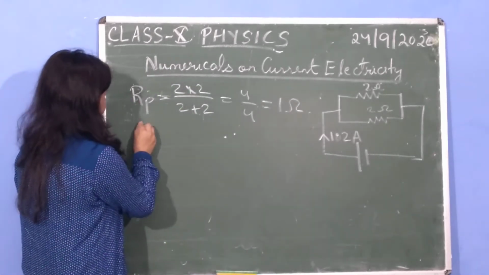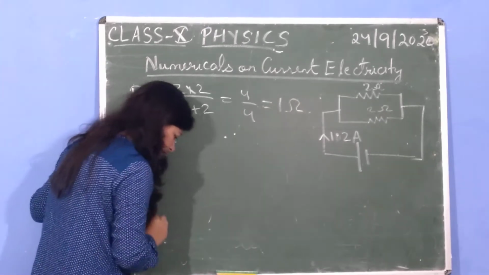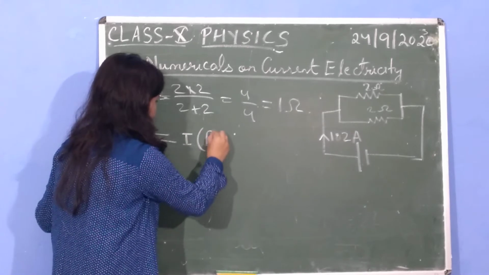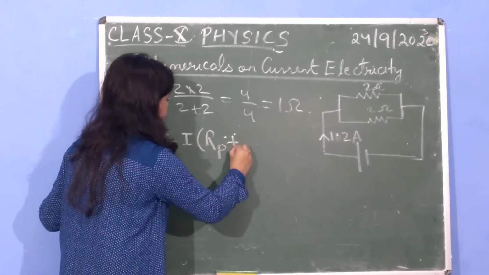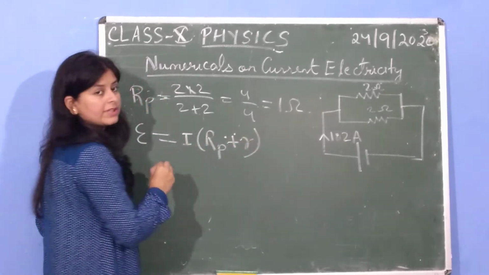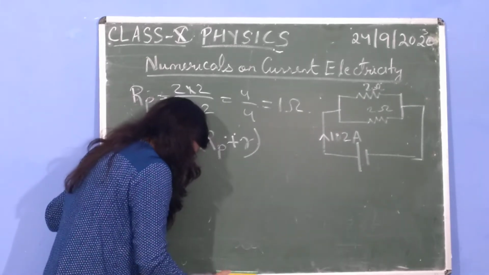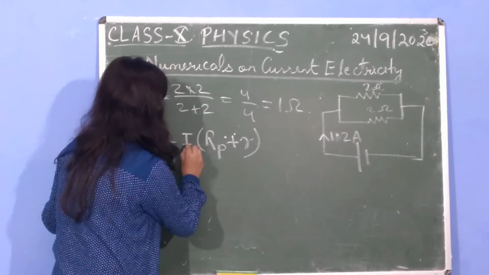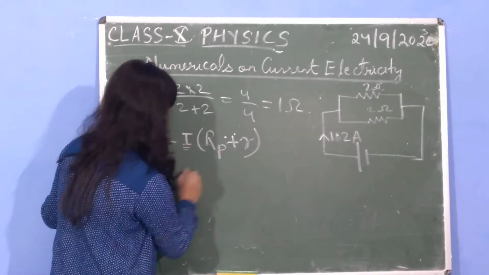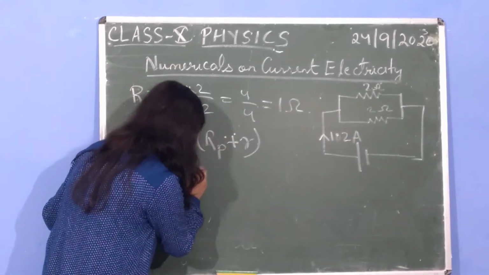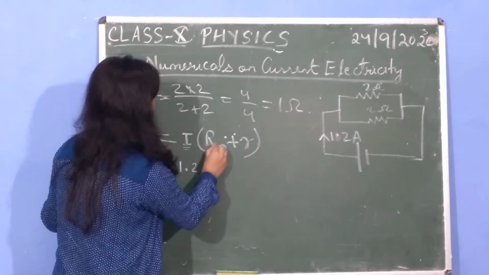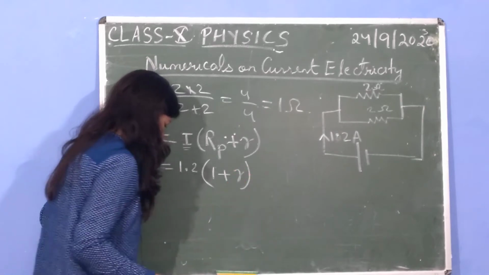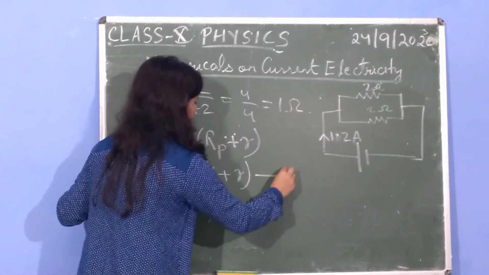Now, EMF of the cell is given by I into the total external resistance plus internal resistance of the cell. Replacing the values, EMF is equal to 1.2 into Rp, which is 1, plus internal resistance r. This is equation number 1.